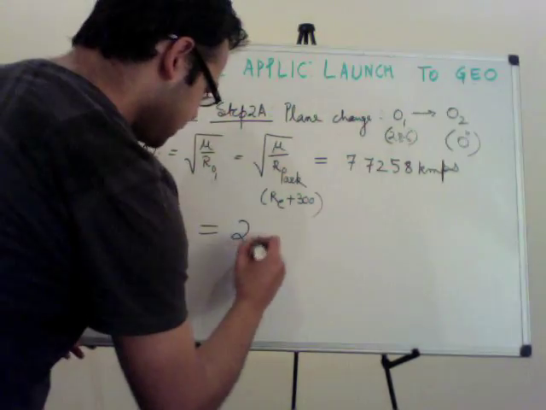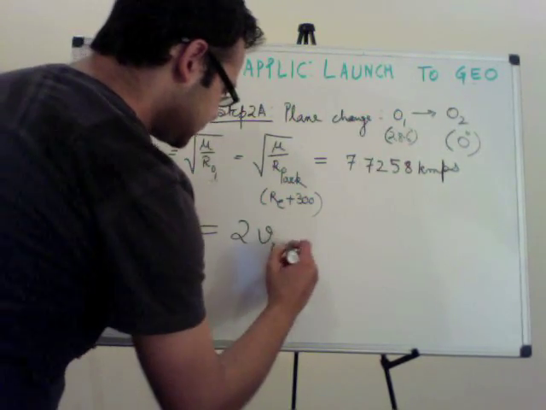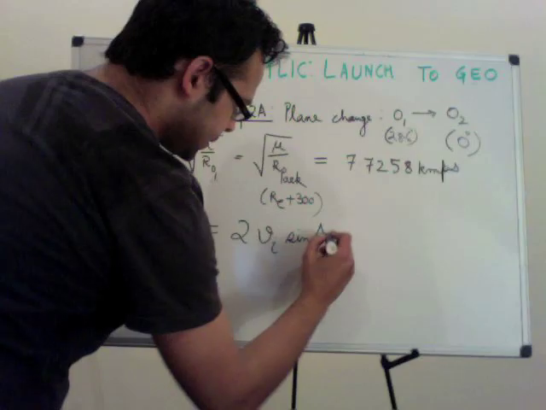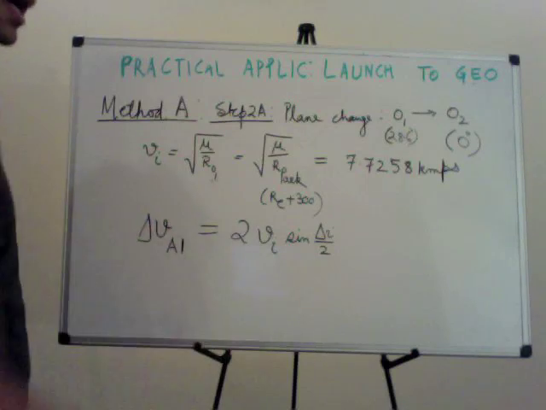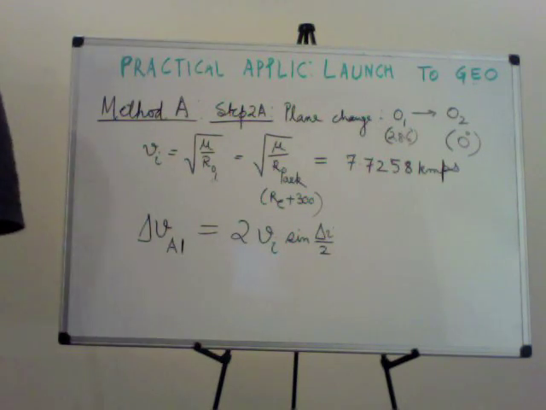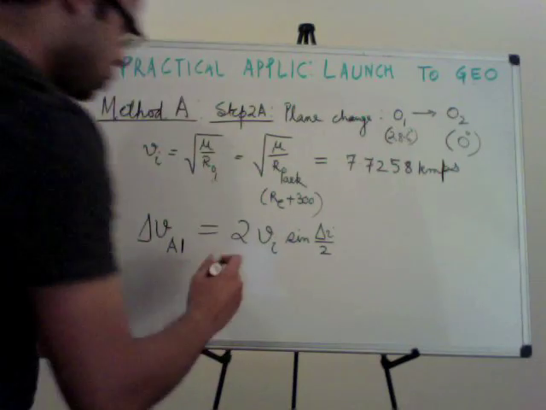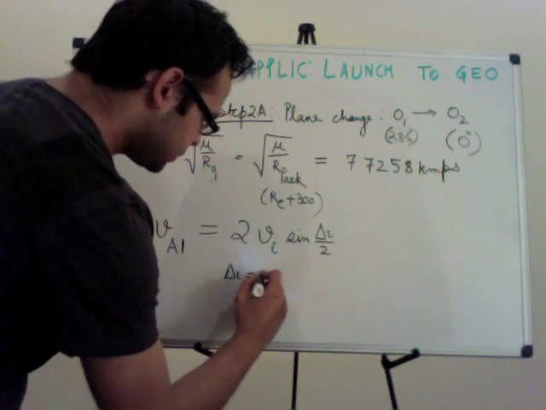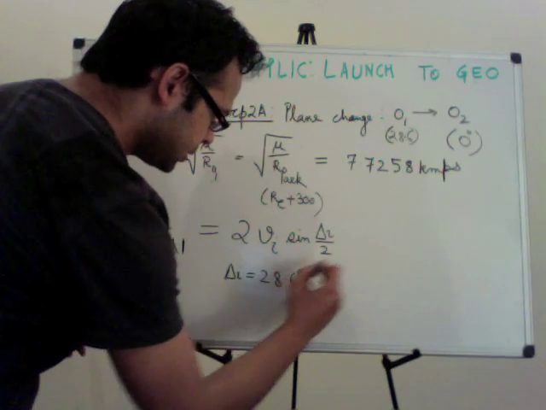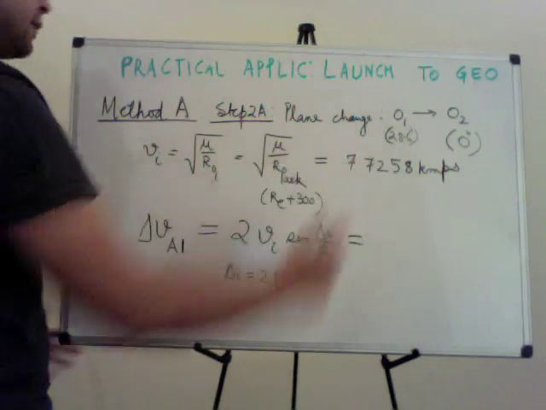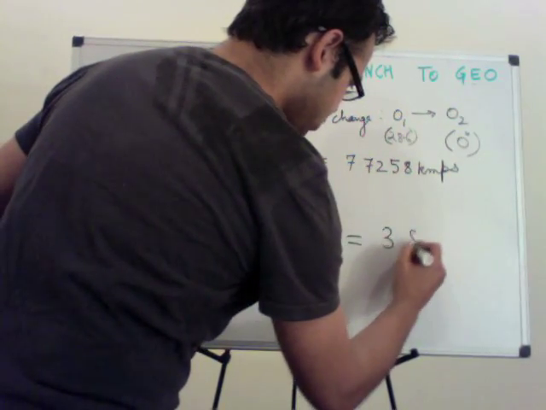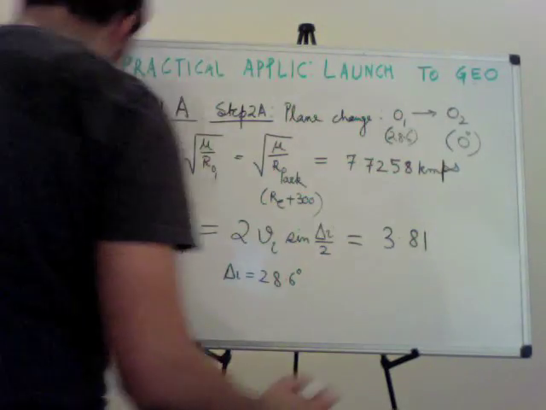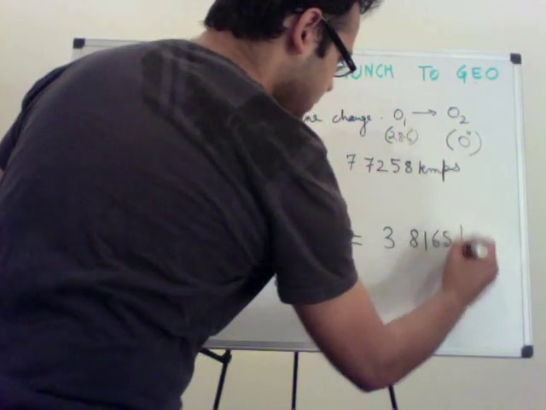This is the plane change delta V. We know this is 2 Vi sine delta I over 2. We know that delta I magnitude is 28.6 degrees. So this turns out to be, using the Vi that we have up there, this huge 3.8165 kilometers per second.